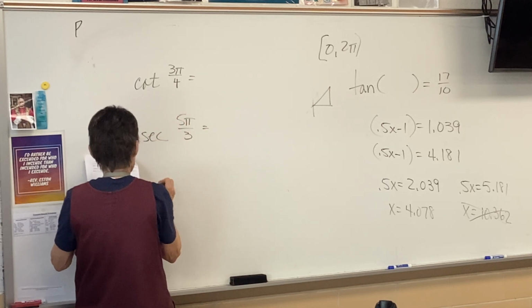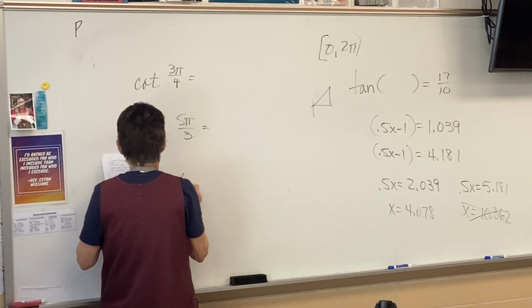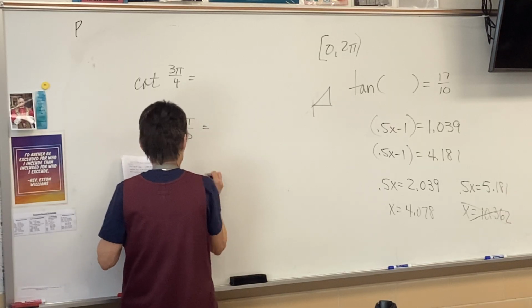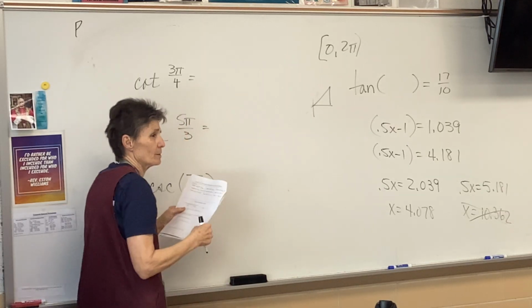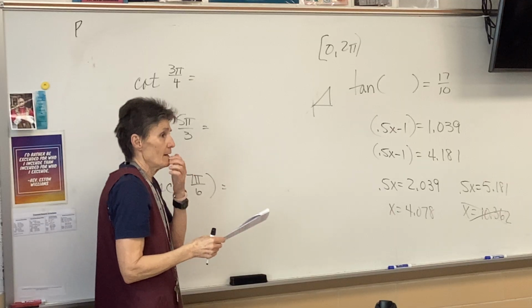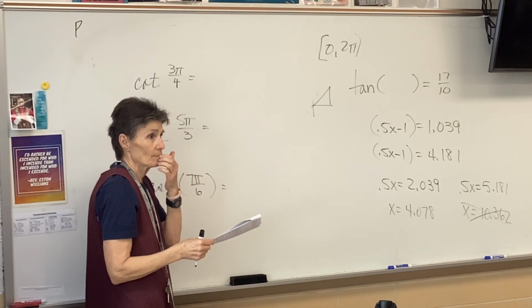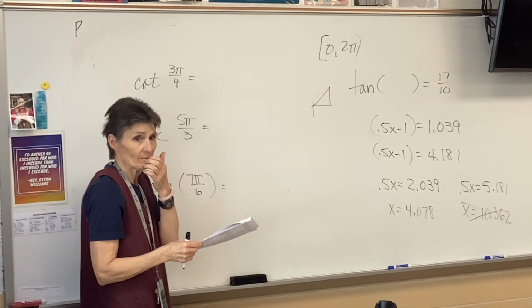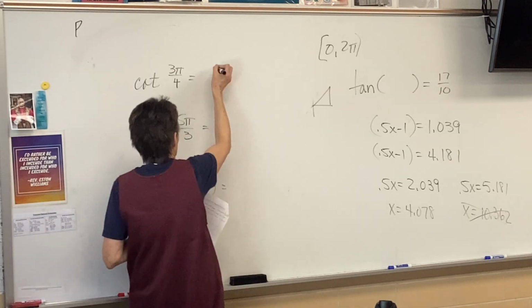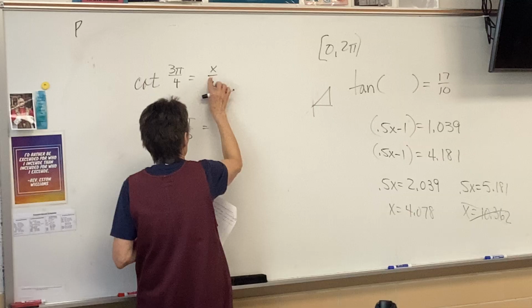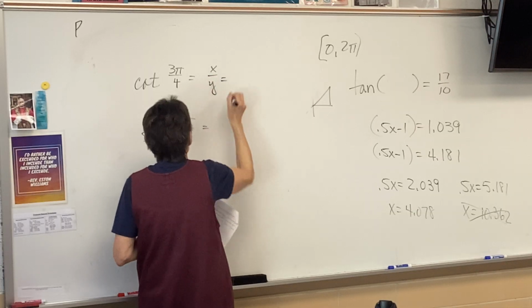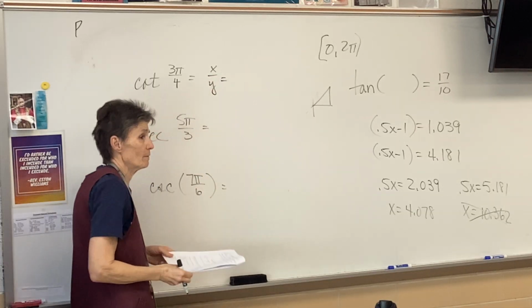So what's cotangent? Cotangent is x over y, right? So x over y, here we go. What's that going to be at 3 pi over 4?